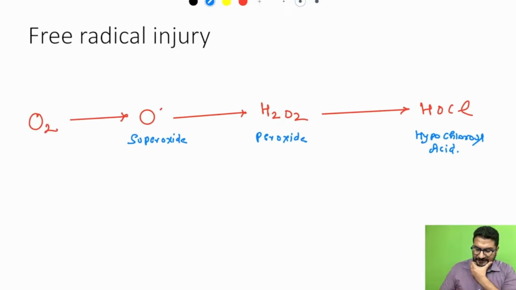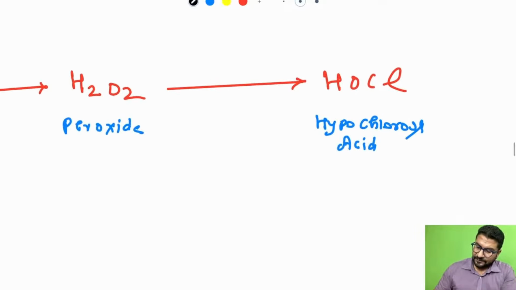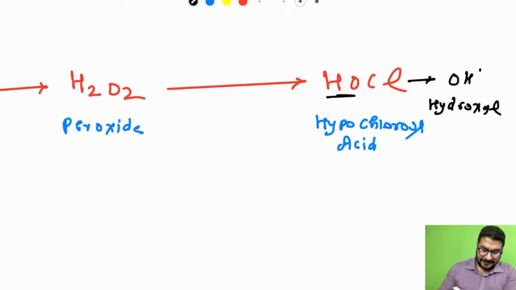This HOCl will further produce OH free radical. If you write OH separately and Cl separately, we get OH. OH is called hydroxyl free radical.